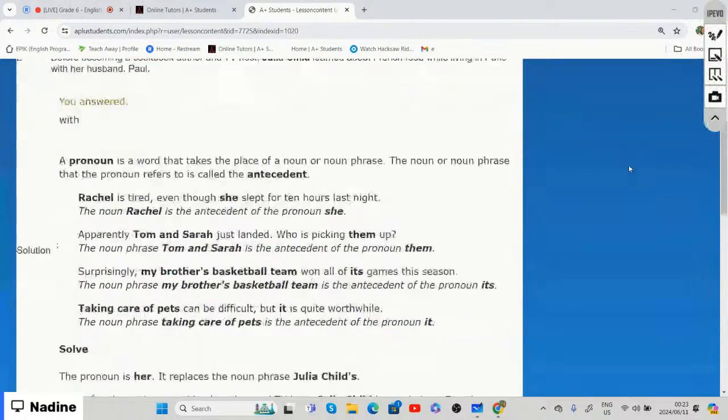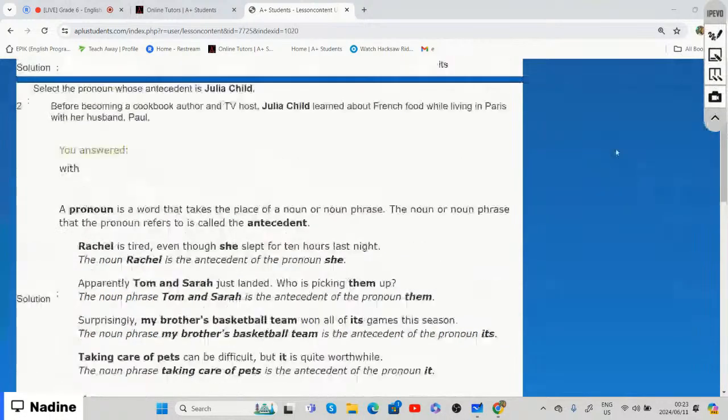All right, let's do an activity and then we're going on to our test. It says select the pronoun whose antecedent is Julia Child. Oh, Julia Child.